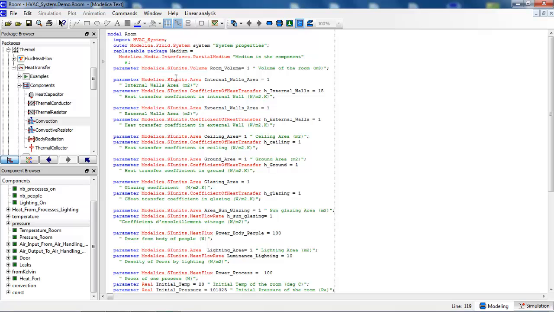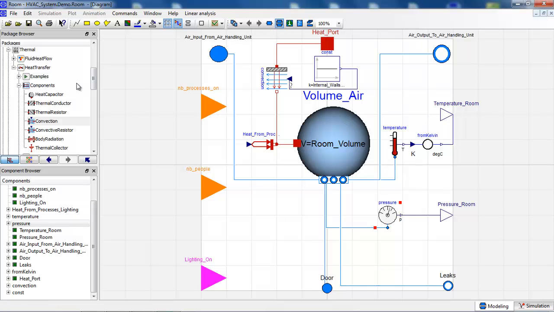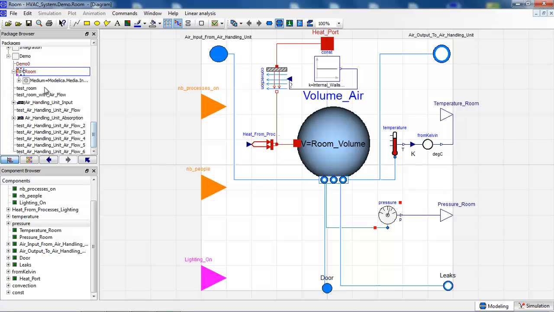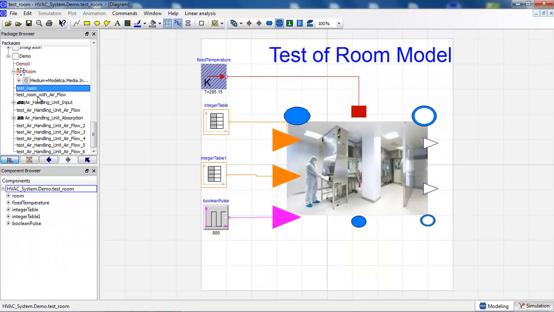I also have some parameters to define completely my room, and I will show you how I can parameterize my room easily now. So to do so, I just drag and drop the model I showed you before here, and we will parameterize my room by double clicking on it.